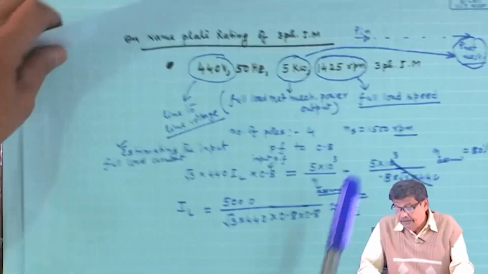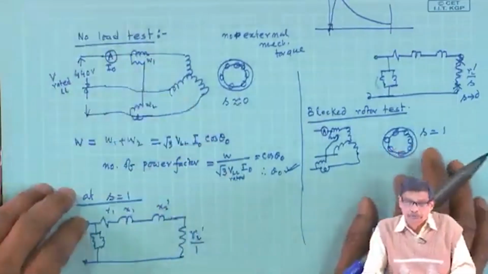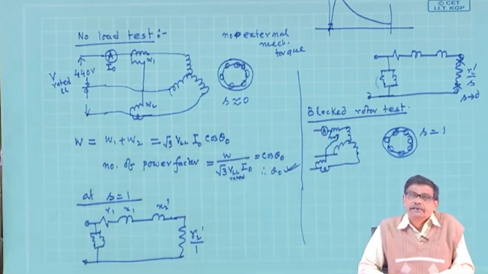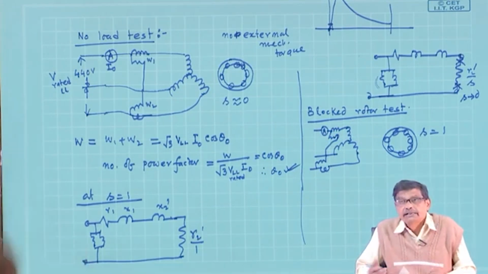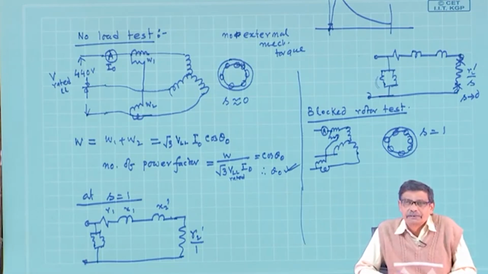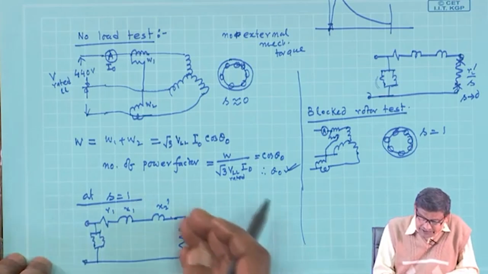If you do not allow the rotor to move and apply full voltage, the current may be 10-12 times higher than this rated current, maybe 100 ampere, 120 ampere, because the impedance offered to the supply is then the least.